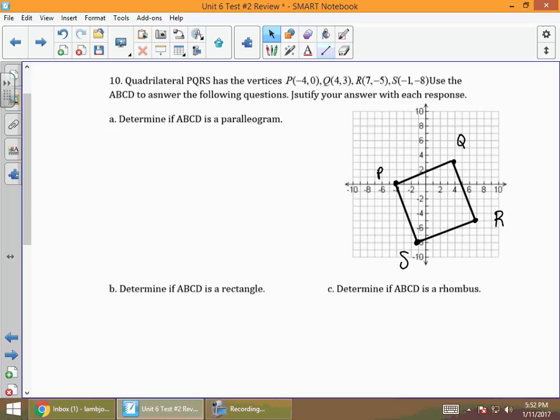And then problem number 1, it says determine whether this thing is a parallelogram. Well, if I'm going to find parallelograms, for me, I like to go with the slopes.